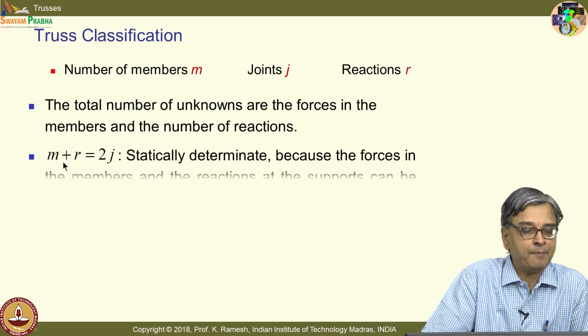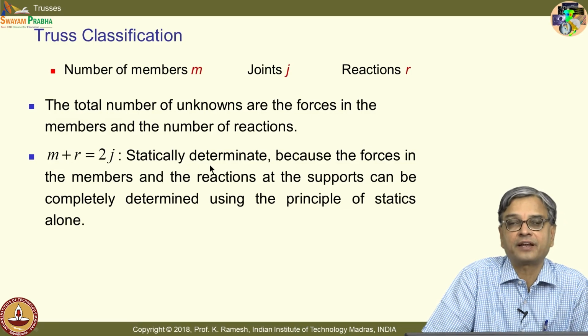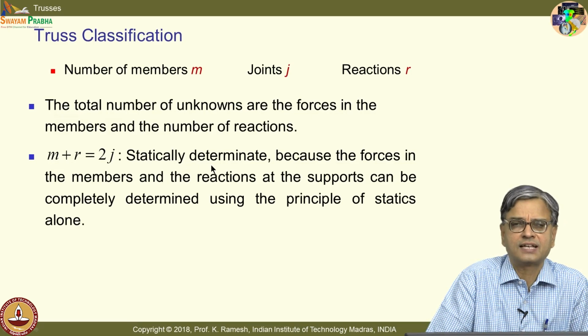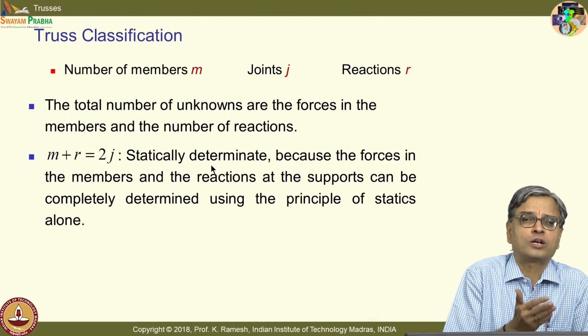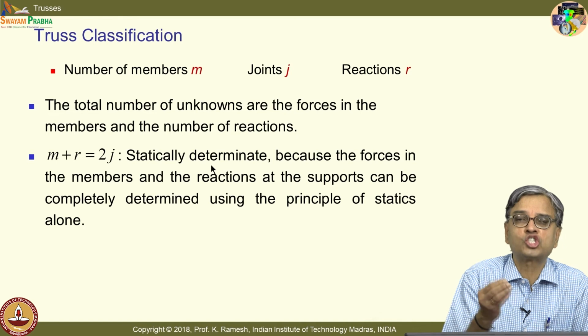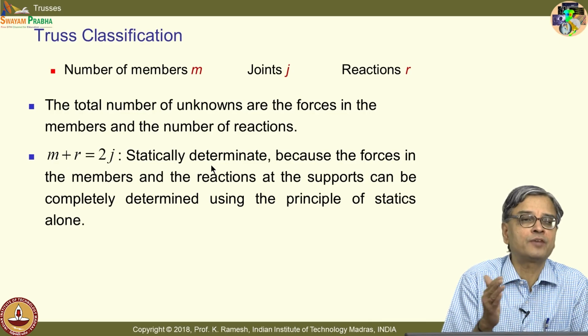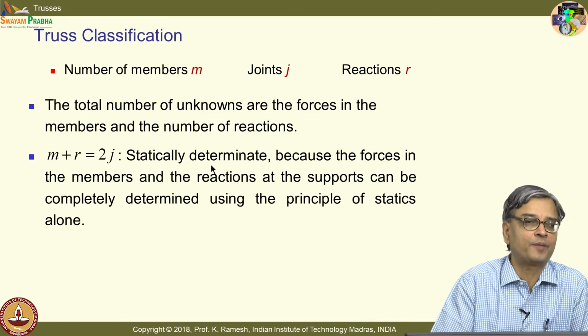And if I have m plus r equal to 2j, I call that truss statically determinate. It is as simple as, from whatever knowledge you have right now, you can attempt to solve the problem. Because the number of unknowns and the number of equations are identical, I can also get a unique solution, no problem.